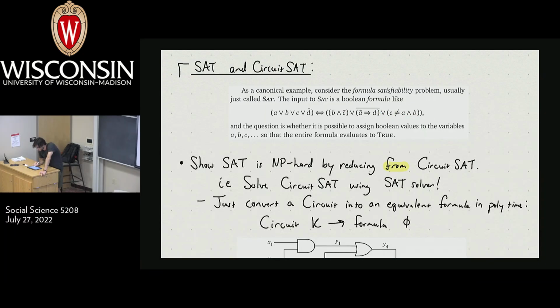And the question is whether you can pick Boolean values for the variables, so like pick A as 1, pick B as 0, etc. Or you can think of them as true, false, same thing. We'll usually talk about them as 0, 1, but they're the same. So you want to pick values so that the entire formula is true. So it's literally just circuit SAT, but with a formula instead of a circuit.